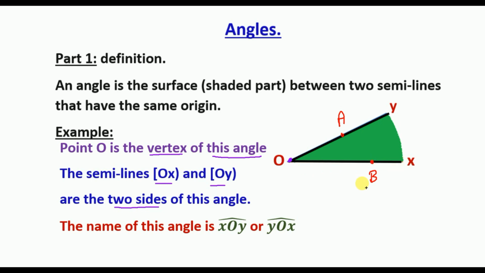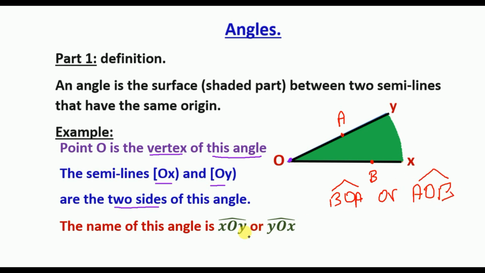Same for OB. So in fact, the angle XOY can be named here differently. We can name it also BOA. So the angle formed by the two semilines OB and OA, we can name it either BOA or AOB.